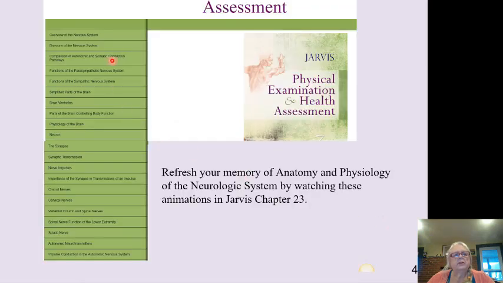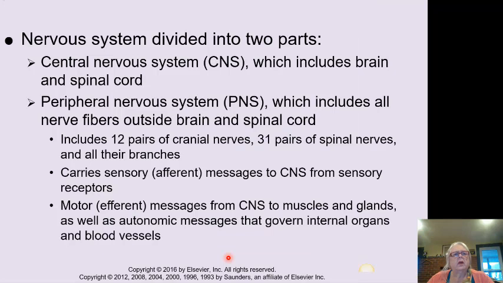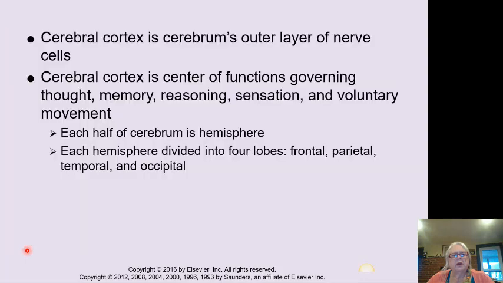There's quite a bit of great information for you online in the Jarvis text if you choose to go there. Again, I have these little blurbs here if you want to listen to anything, but I'm just going to flip through these.